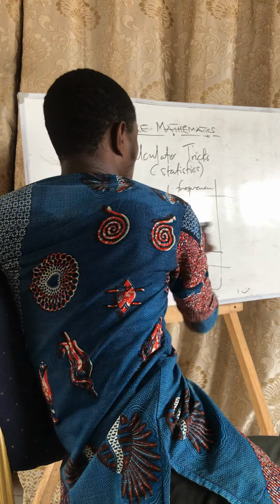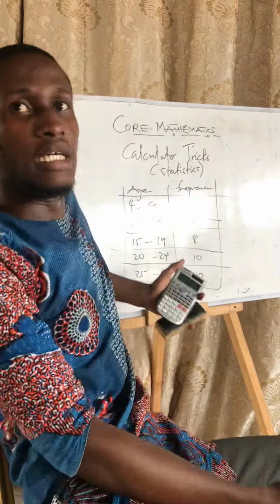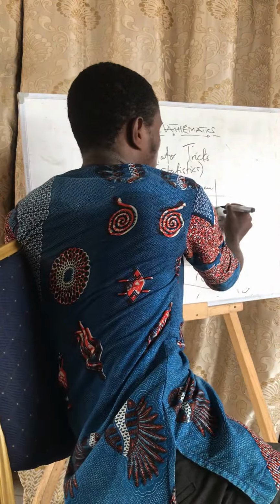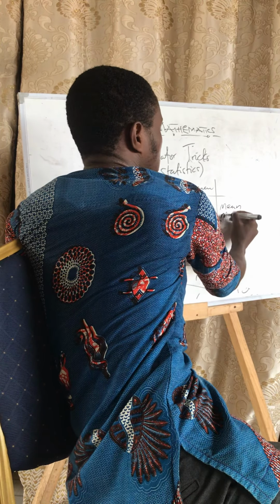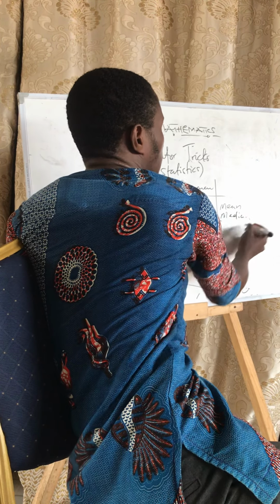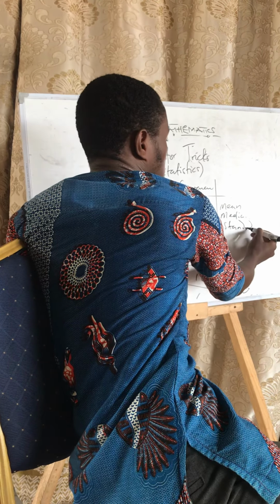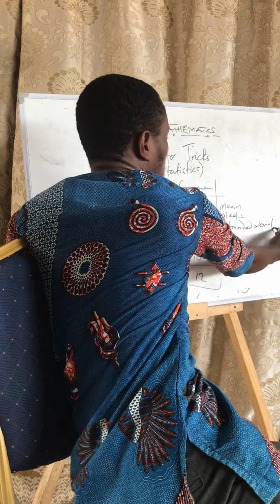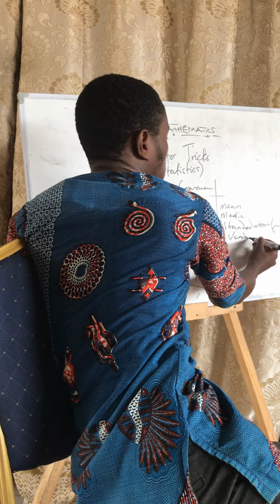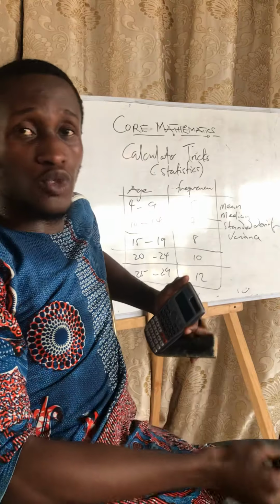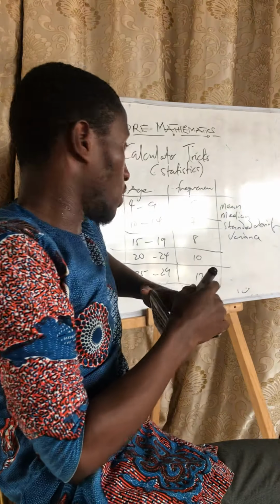Then I tell you to find the mean, the median, the standard deviation, the variance. Yes, let's ask you to find these things. The calculator can help you to find them very quick, and we'll do a quick one.